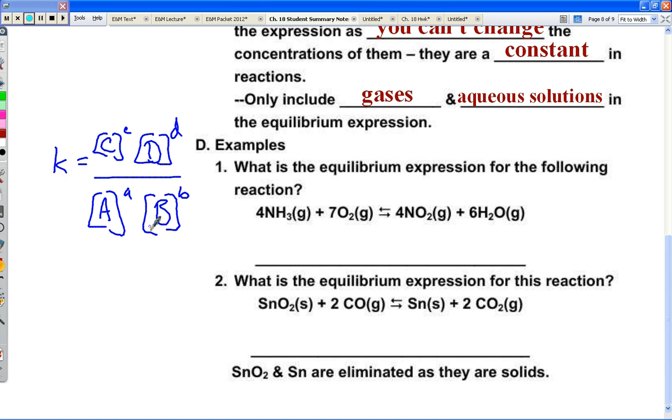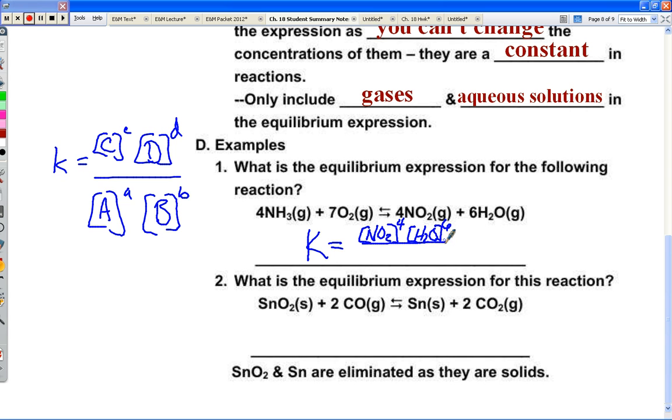So the equilibrium expression is going to be K equals, our products go on top. That's going to be NO2 to the fourth times H2O to the sixth.